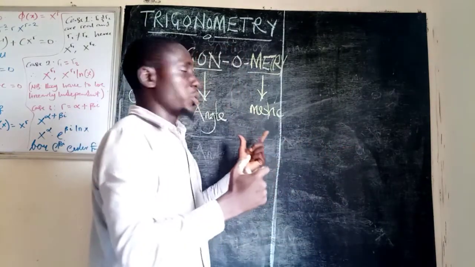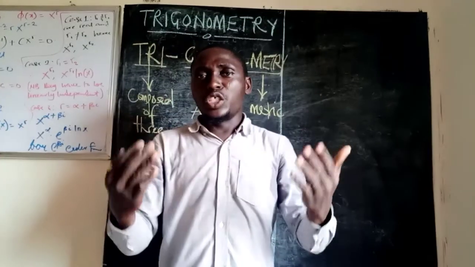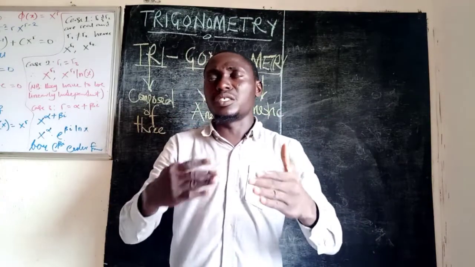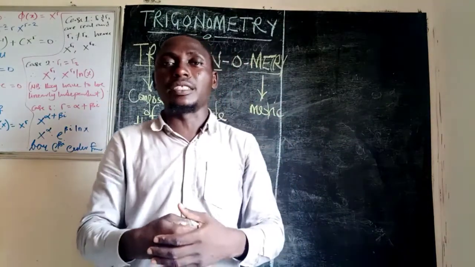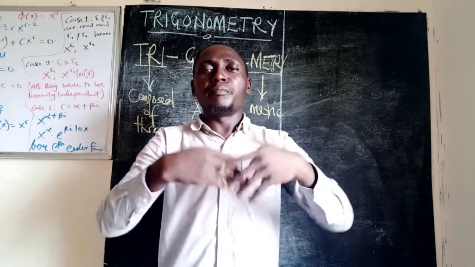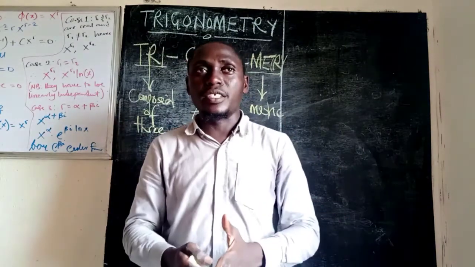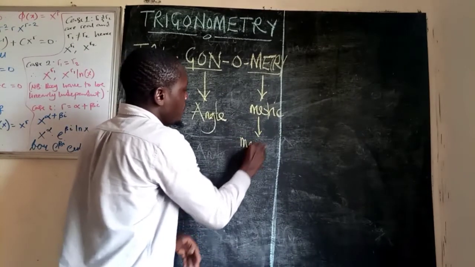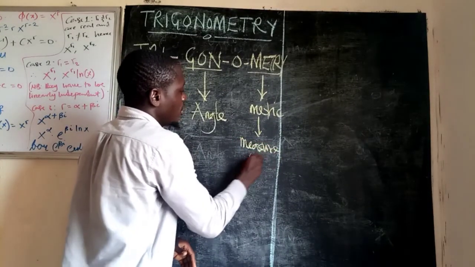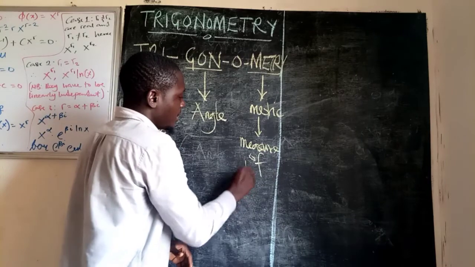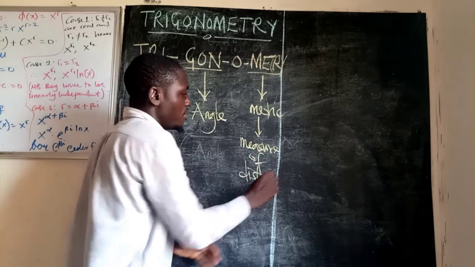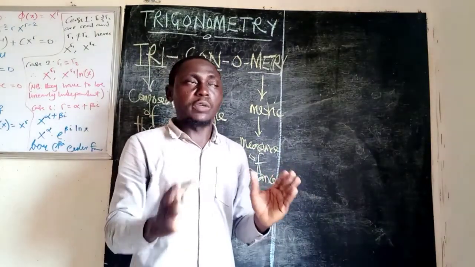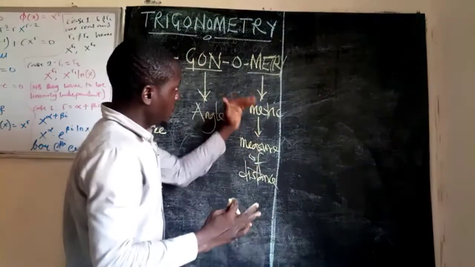It is also a measure of distance. You will see the word metric in functional analysis, like metric space, metric topology, and the likes. So metric here means a measure of distance. That is the meaning of the word metric.